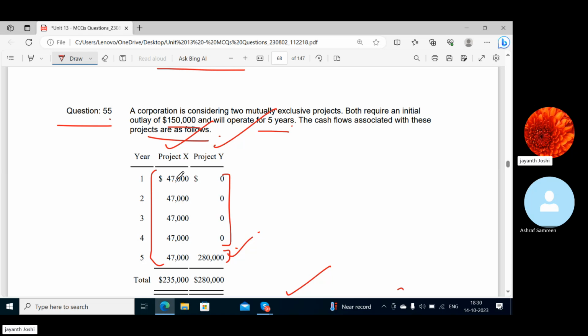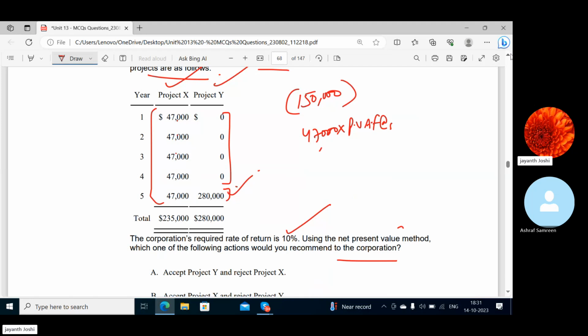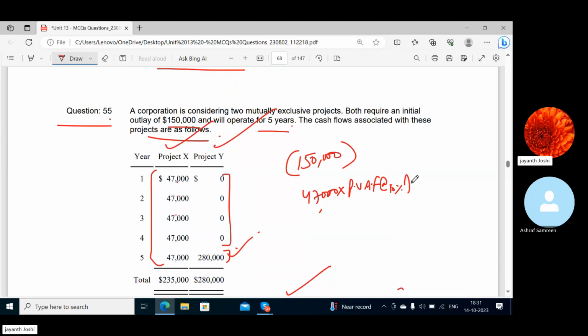I can directly say that because every year they are getting some very good cash flows, it's going to give a higher NPV. But we can do it and prove it. We can take 150,000, and 47,000 into the present value annuity factor at the cost of capital 10% for 5 years.